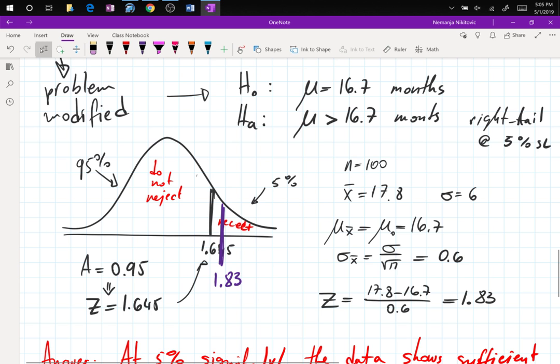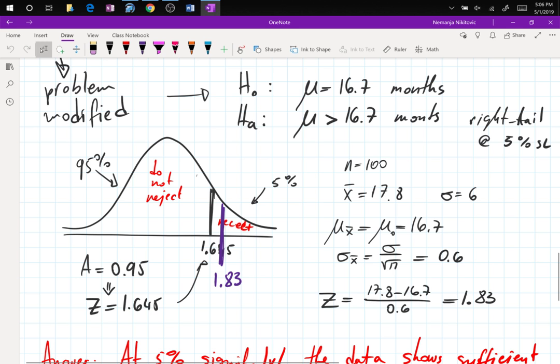And in that case we didn't get to reject it because there was not sufficient evidence to reject. But in this case, when you are pointing out that the actual mean that you found is larger, and you are saying that this is too small, it's too low in comparison to what you found through your research with 100 people, your claim passed. Your claim passed because you were more specific of what you are looking for.